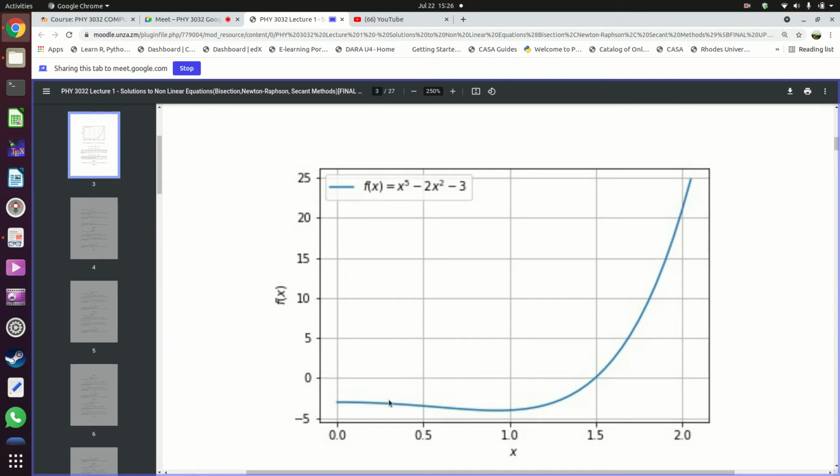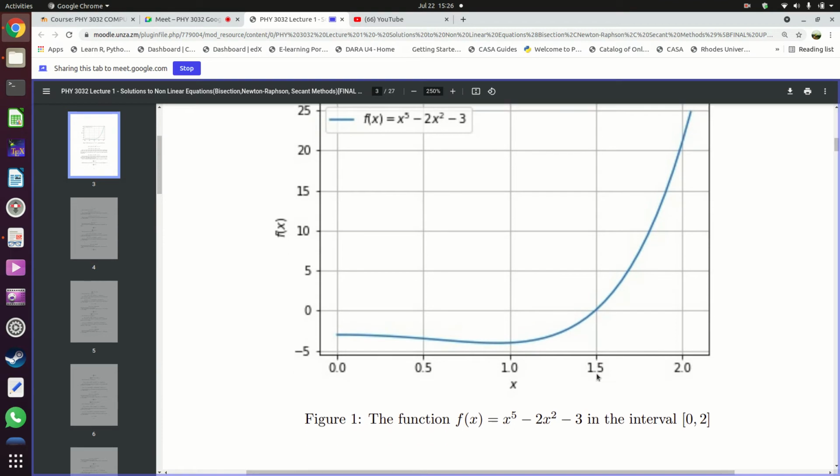So this is what our function looks like between 0 and 2, somewhere there. So we are starting with a slope which is going to be made at x naught equals 2.0 here. So our slope starts from this side. So we make our slope like that, then we keep on making new slopes until we come up to here.